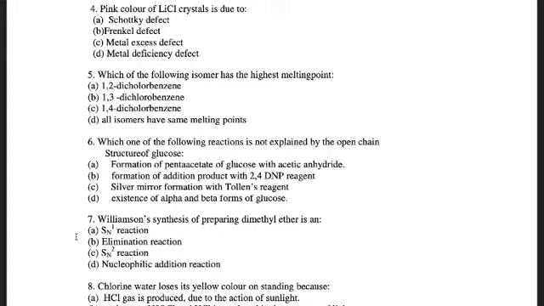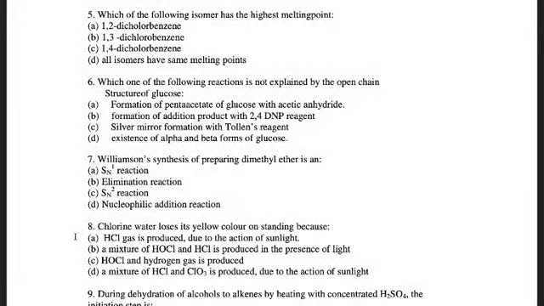Question number 8. Chlorine water loses its yellow color on standing because option A. HCl gas is produced due to the action of sunlight. B. A mixture of HOCl and HCl is produced in the presence of light. Option C. HOCl and hydrogen gas is produced.